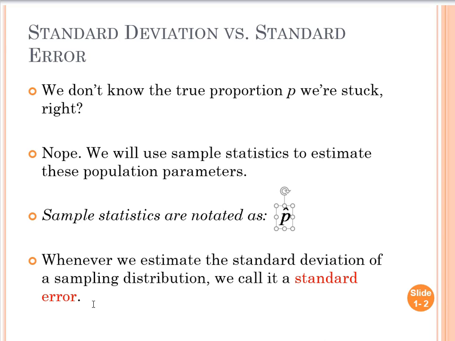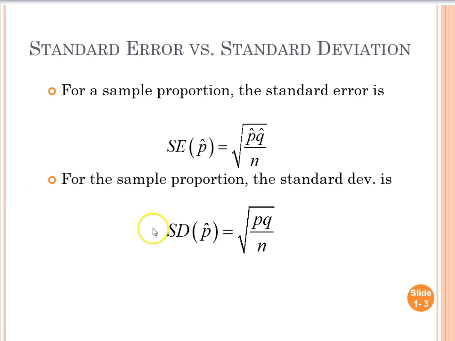So when we estimate the standard deviation of the sampling distribution, we call that a standard error because it's only an estimate of that true standard deviation. It's not the true standard deviation. So notationally, these are two different things. The standard deviation of repeated samples is based on the true proportion of successes and the true proportion of failures over the sample size.